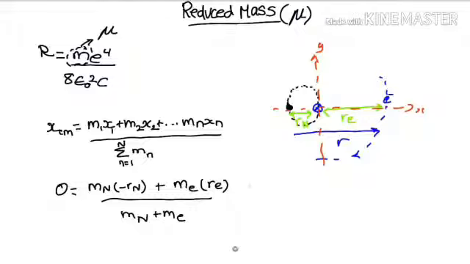So we can conclude that mn rn is equal to me re.